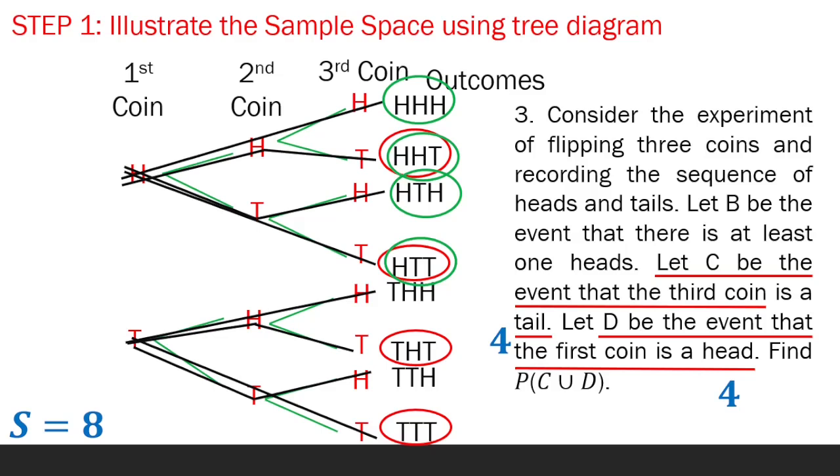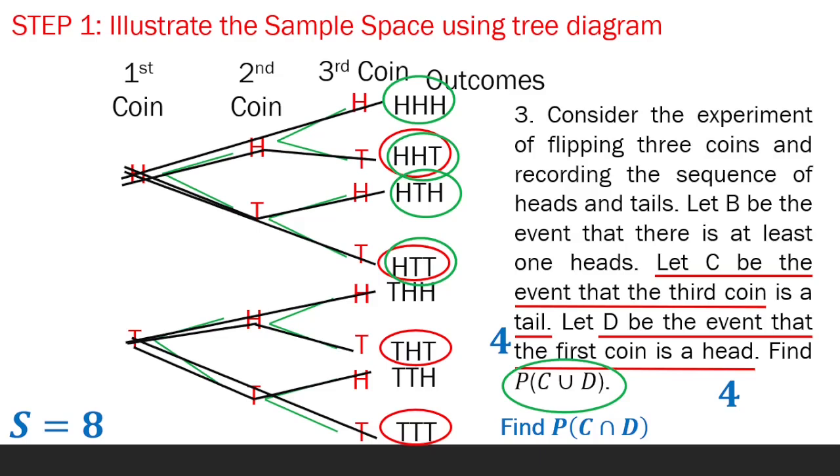Now, next, we have to find the probability of the union of the third coin being a tail or the first coin being a head or both. Since we are looking for the union of the two, let's first identify their intersection. So, what is the intersection of getting the third coin as a tail and getting the first coin as a head?